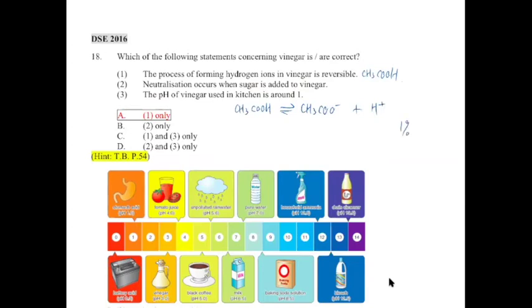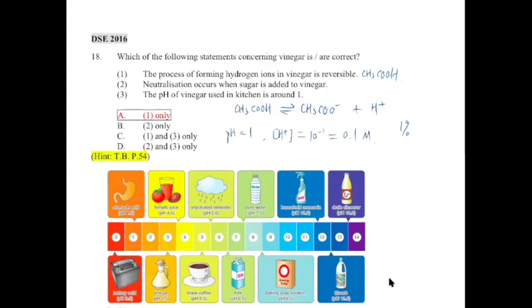Only 1% of the ethanoic acid would go this way to form hydrogen ion. So if the pH is 1, then the hydrogen ion concentration will be 10 to the power of minus 1, which is 0.1 molar.